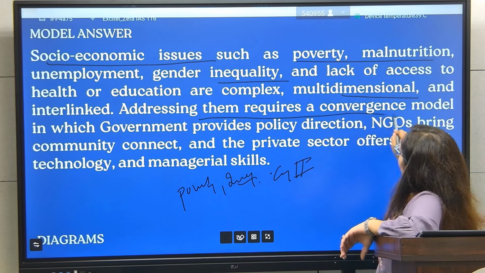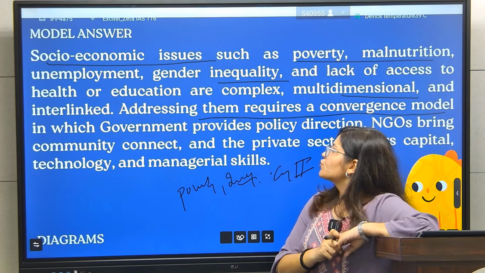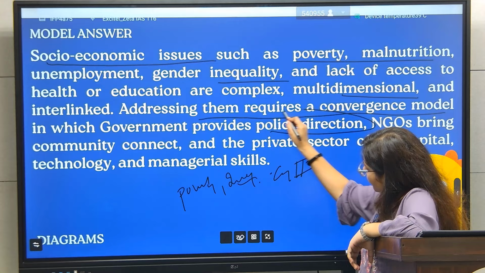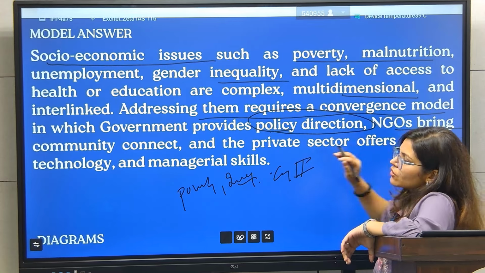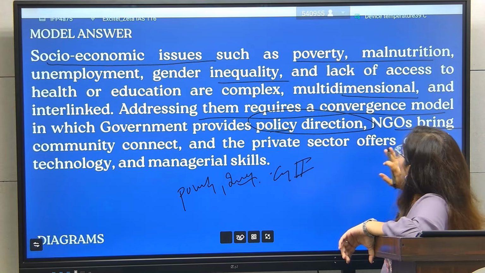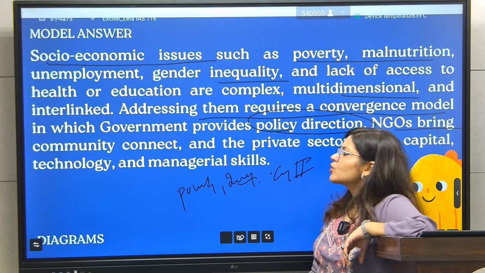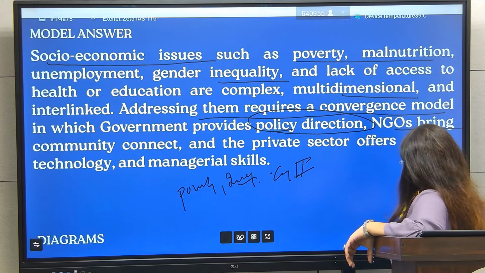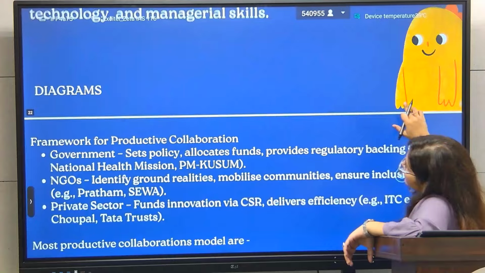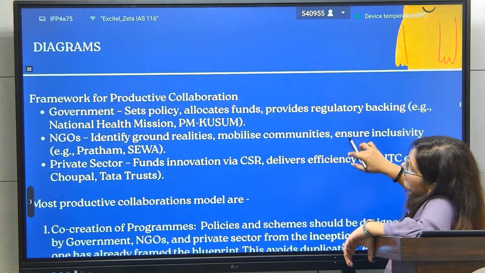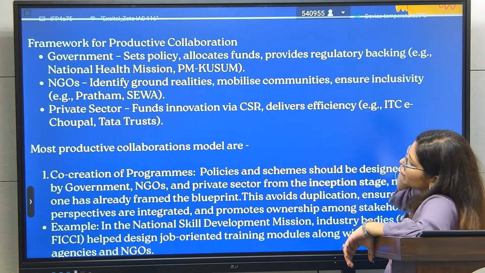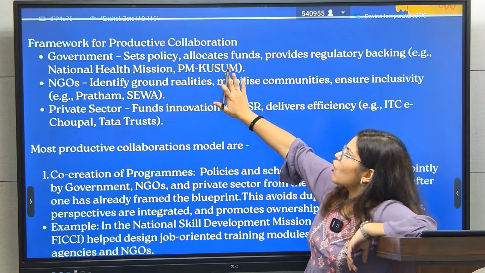Addressing them requires a convergence model in which government provides policy direction, NGO brings community contact, and the private sector offers capital, technology, and managerial skill. Then draw the diagram, and then the framework of productive collaboration. So here this is optional.